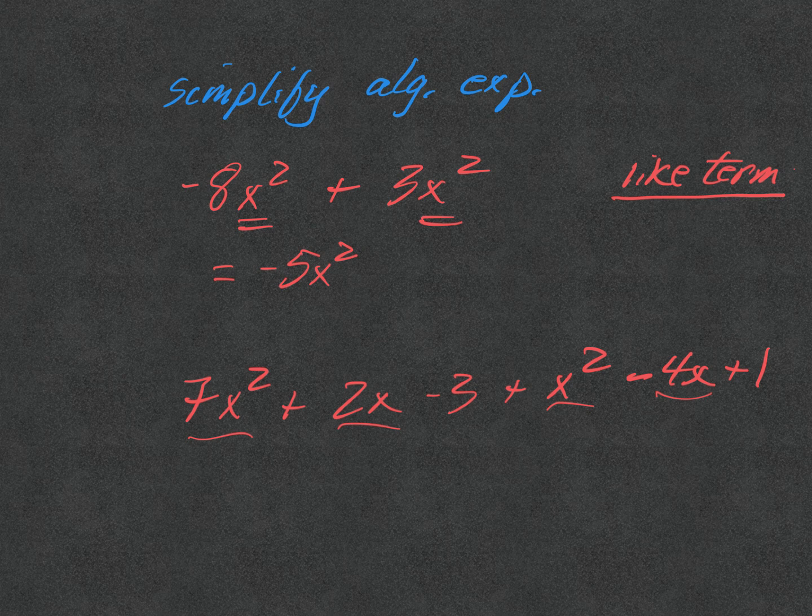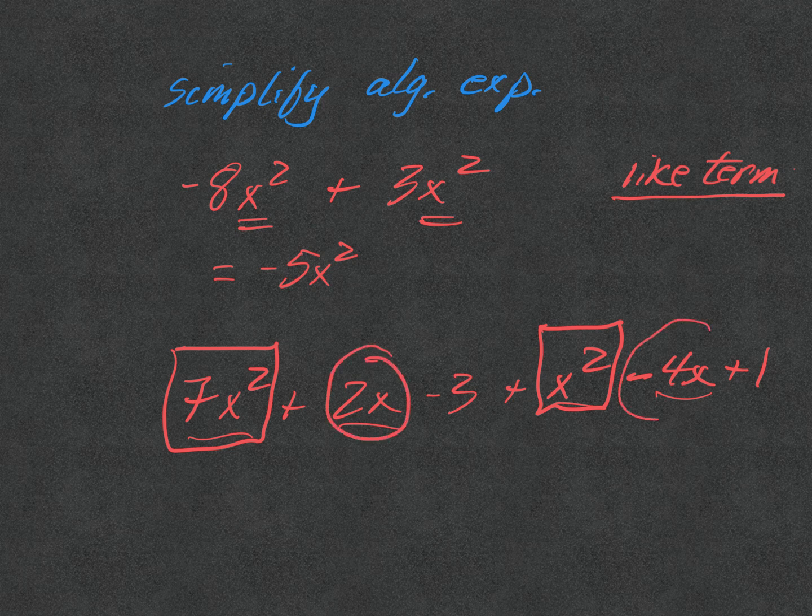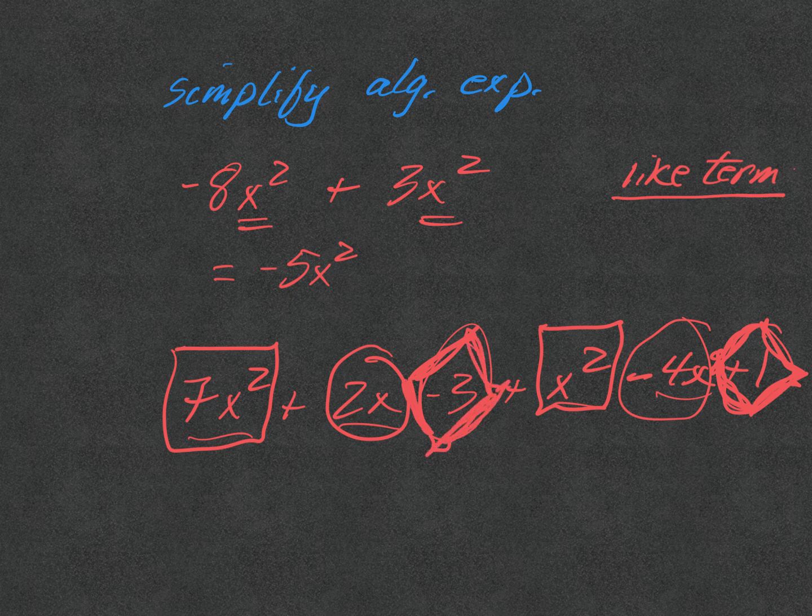We'll talk about that. And in this expression, we just want to recognize that the x squareds are one type of term, the x's are another type of term, and then the constants are, I probably should have done a diamond or something around those. The constants are another type of term.